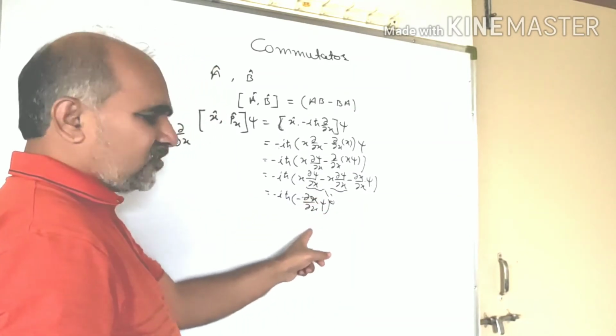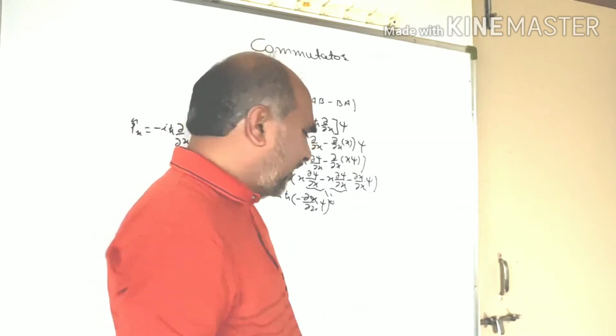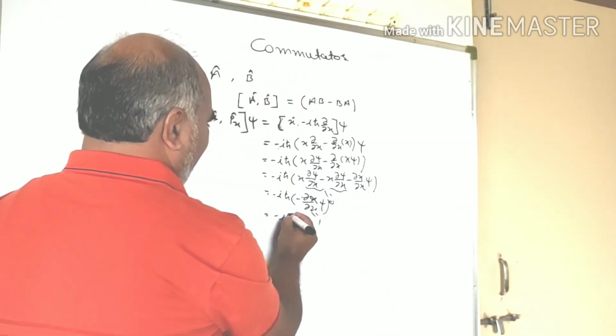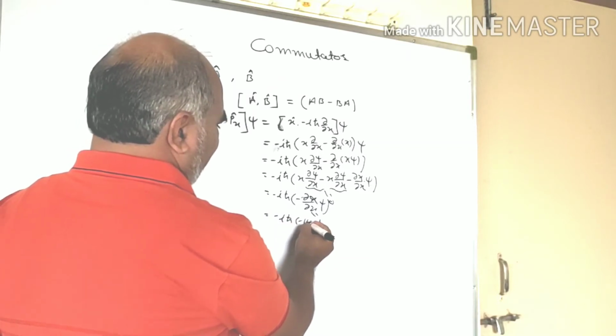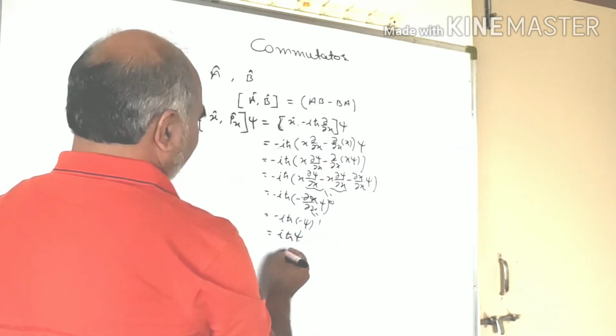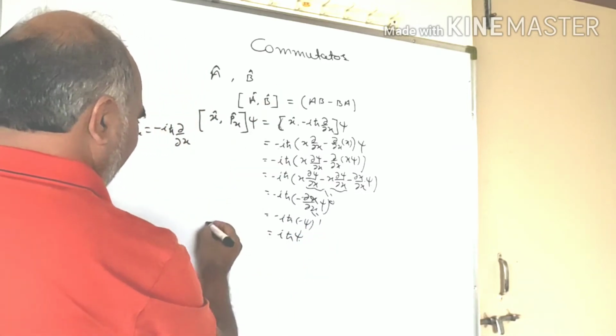So this is the differentiation of x with respect to x, and that value is equal to 1. So it is equal to minus iℏ times minus ψ, which is iℏψ.